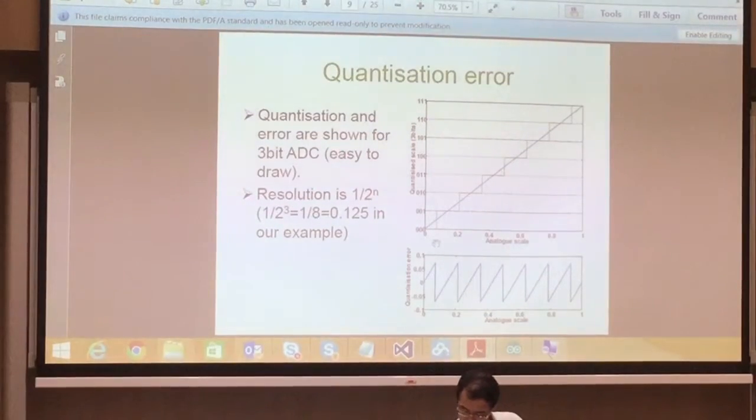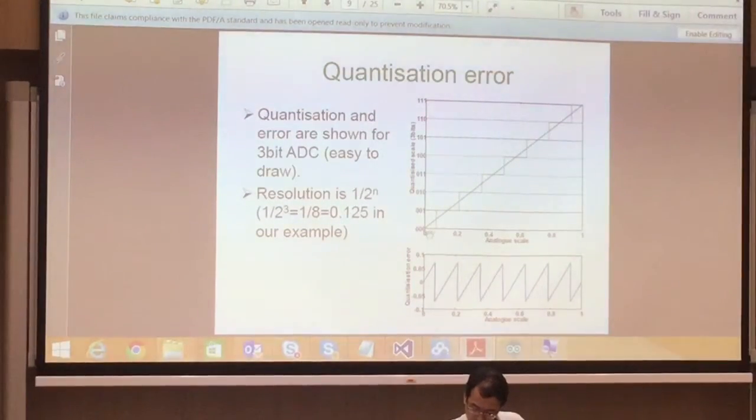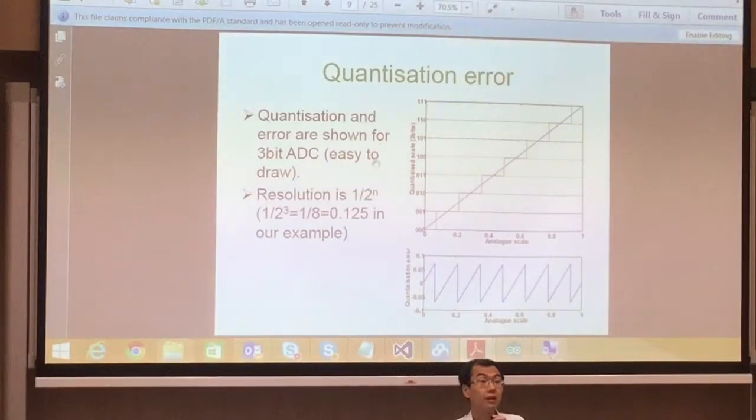So if your input's analog scale is from 0 to 1, and you use 3 bits to represent the analog signal, you only have 8 possible values.